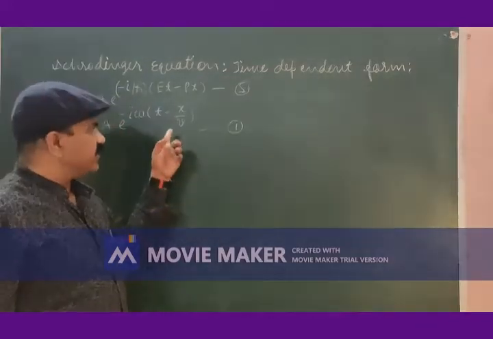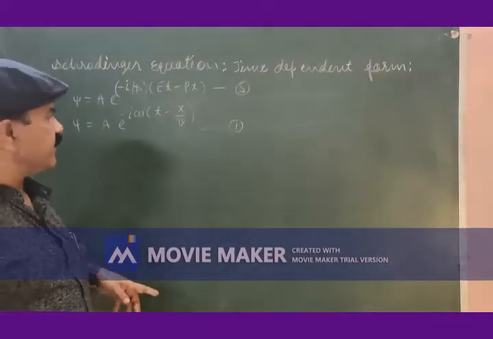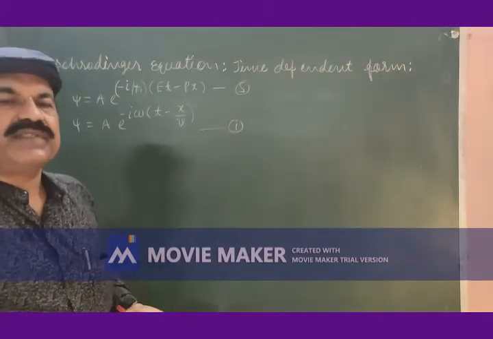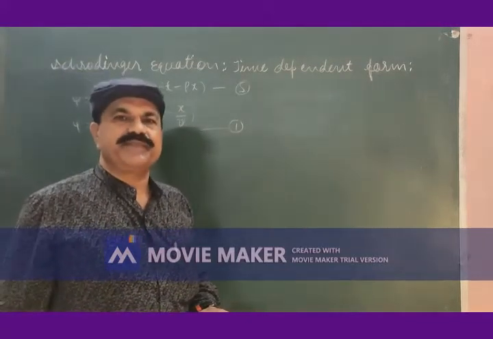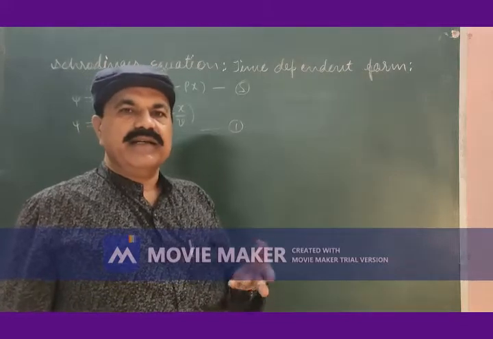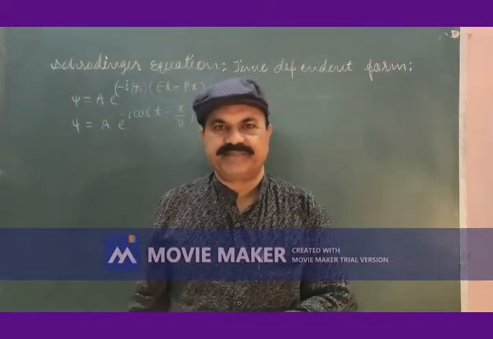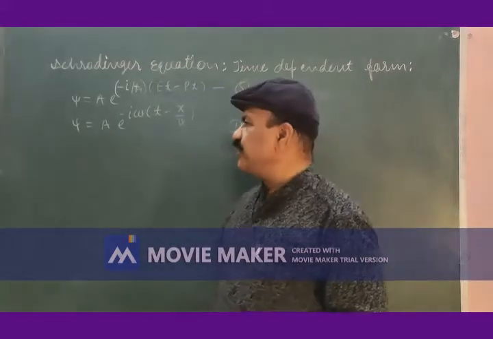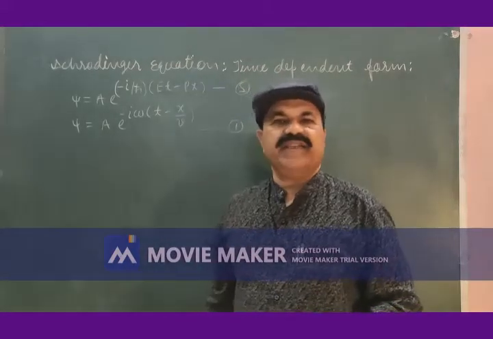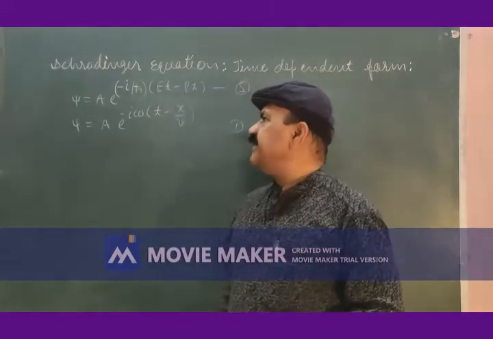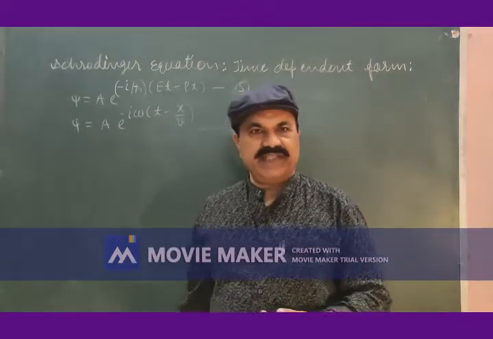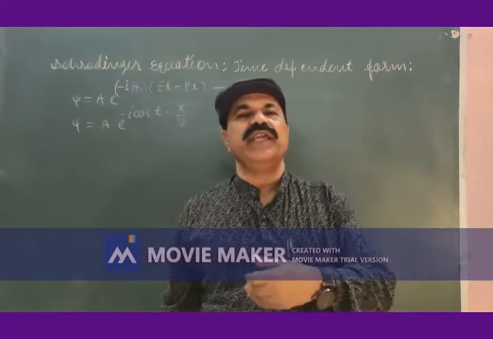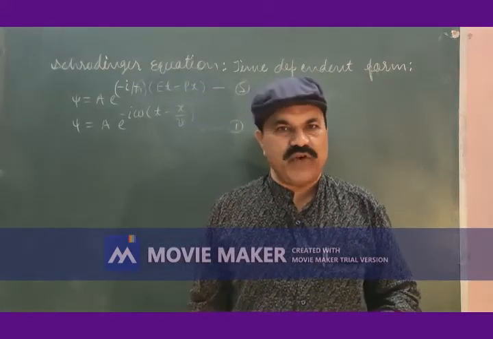We started with equation 1. Psi is the wave function associated with the particle in motion, given by psi is equal to a e to the power minus i omega into the bracket t minus x divided by v. This equation is generally used for the harmonic wave motion.